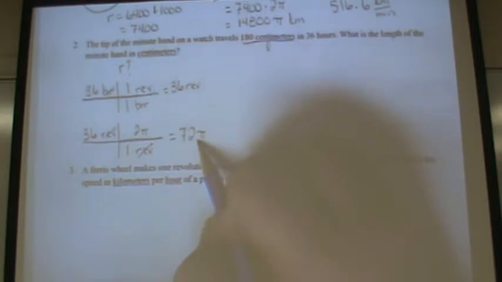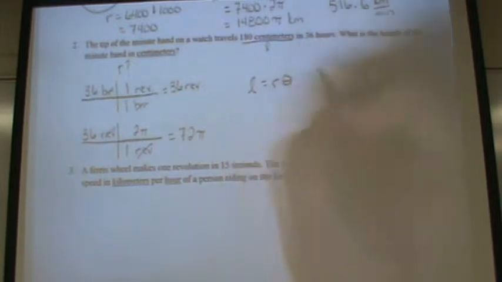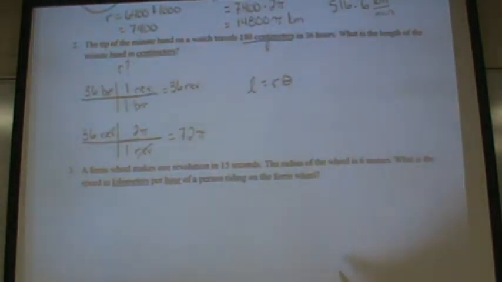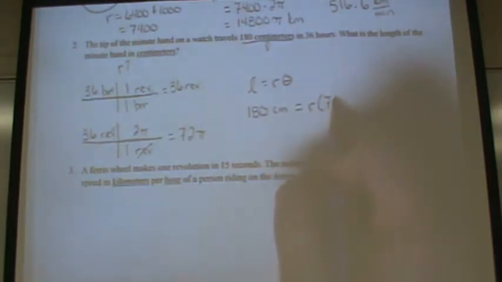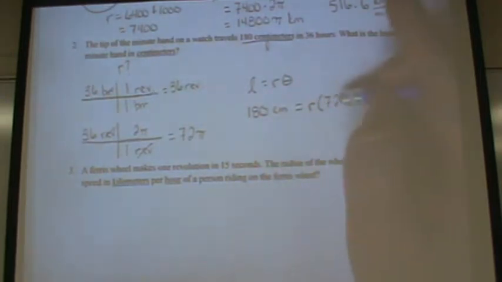So now we have an L and we have a theta, and we're looking for R. So L equals R theta again. So our L was 180 centimeters, and that equals R times the 72 pi.